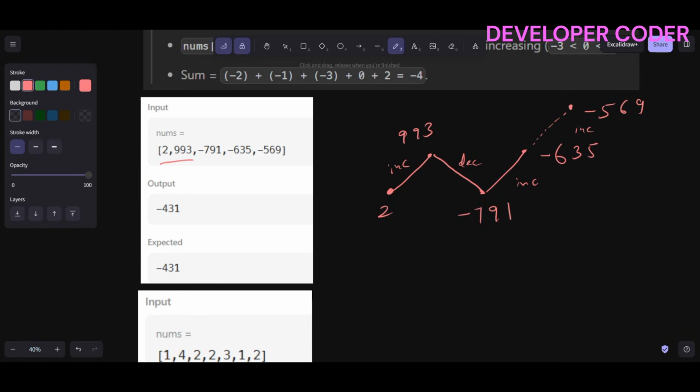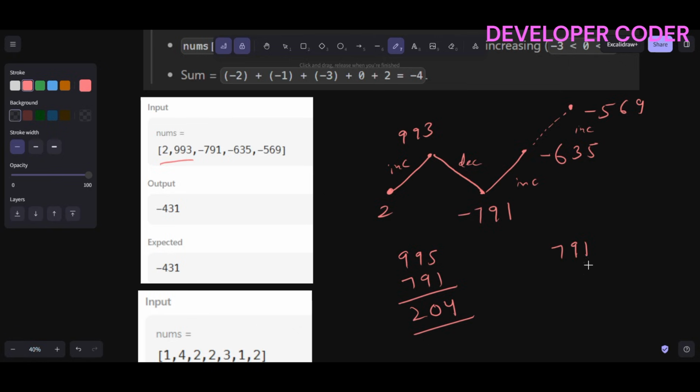So now in this case you are going to tell me what your sum is. Let's do the calculation, I also don't know the sum as of now. So 995, and then here 791. This is negative, right? So let's subtract it, step by step. 5 minus 1 is 4, and here I'm getting 204.